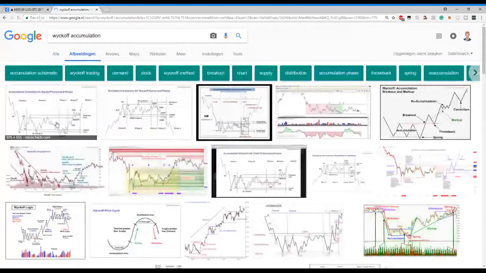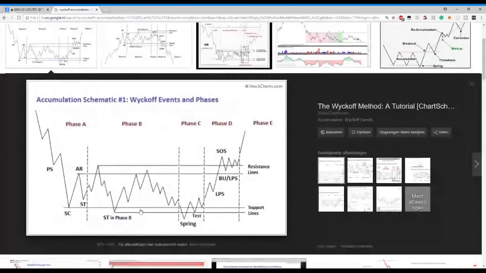One second, here we go. This is a Wyckoff accumulation pattern. You can see that it starts off with a low, then we go back by an automatic reflex or automatic rally. I've explained this in the previous video, which I will link shortly after the stream.